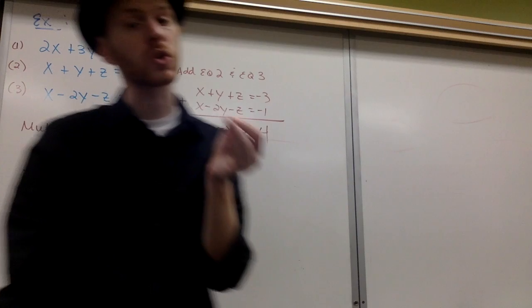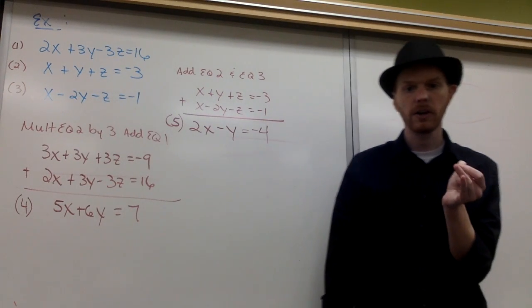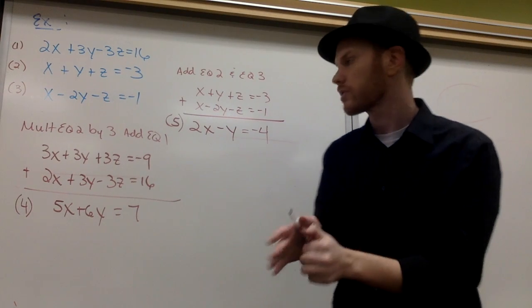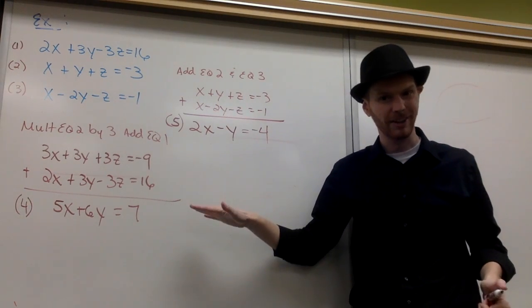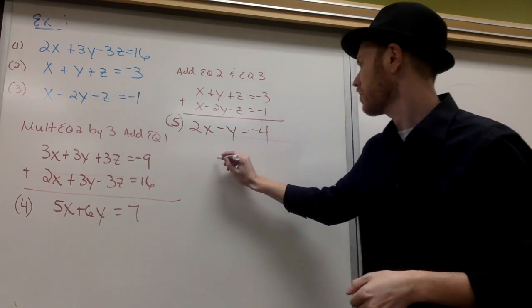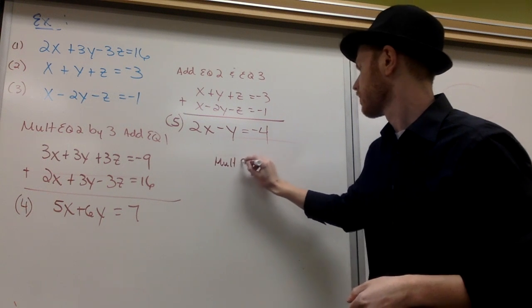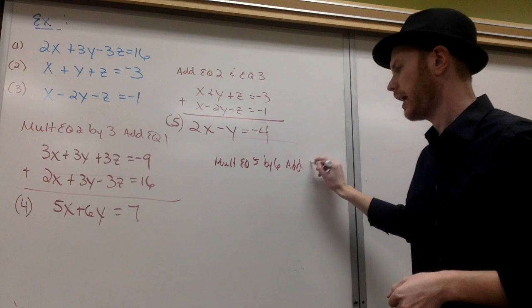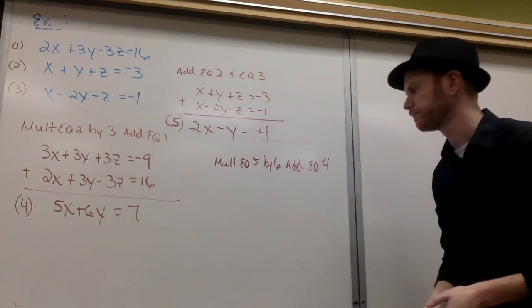Try to find the easiest route, okay? Not only does that mean less work, but that's less chance for you to make an error because, as you can see, there's a lot of steps here, all right? So I'm going to multiply equation 5 by 6, add it to equation 4.